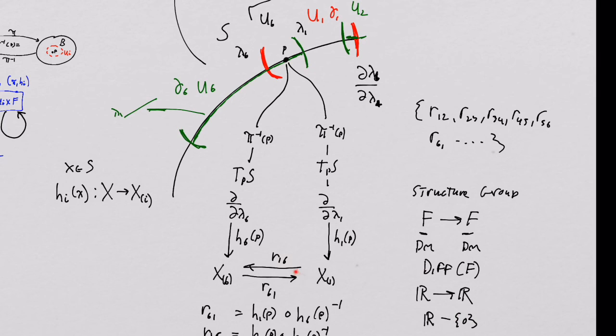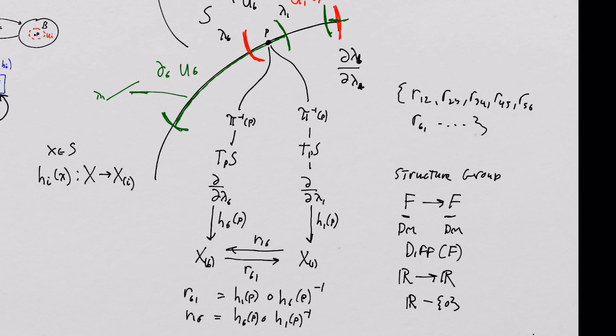I can make it so all these ratios are positive. The way I do that is I say lambda 6 is going to be increasing in this direction, lambda 1 is also going to be increasing in this direction, same with lambda 2, and I have all the lambdas increasing in the same direction. If I do that, these numbers will always be positive, and these ratios will always be positive. That is good, because what will that do?